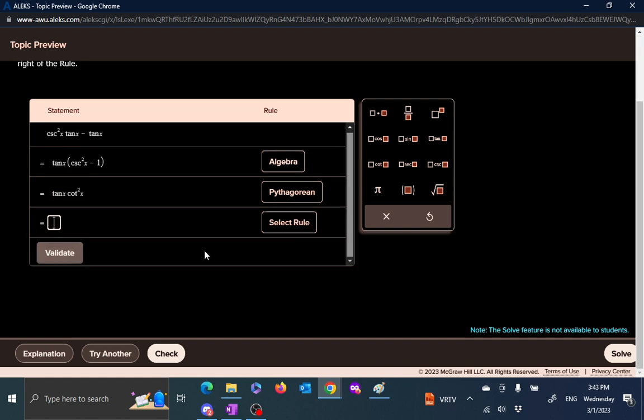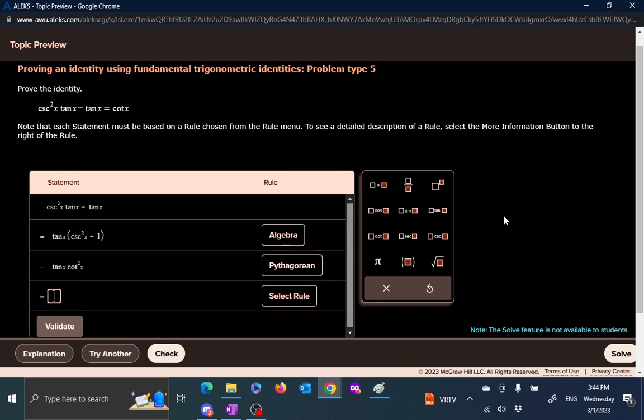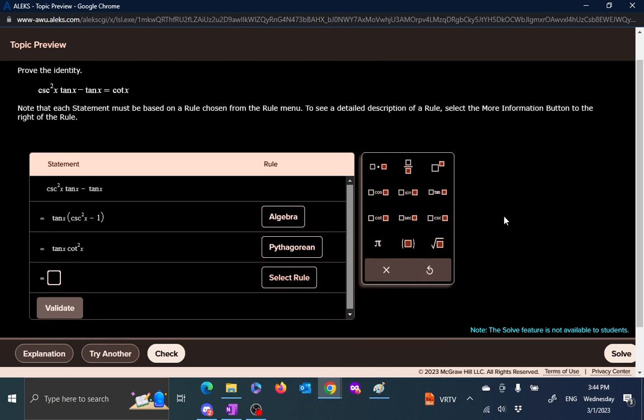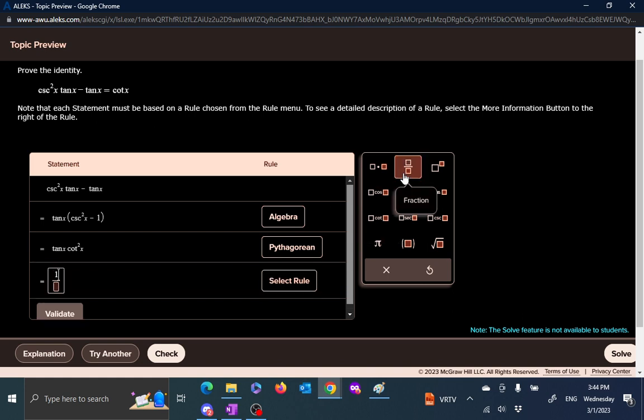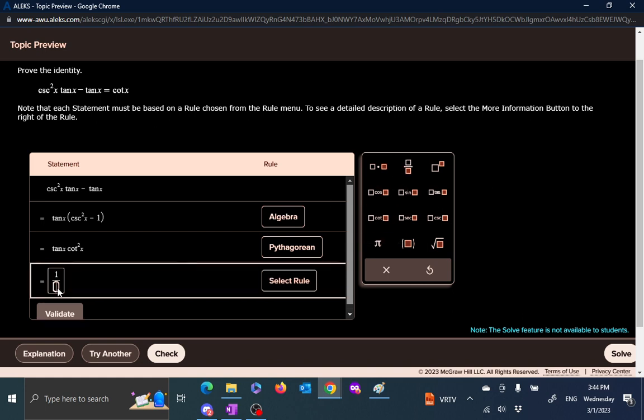Now, where do we want to go? The right hand side that we want to arrive at is just cotangent of x. Now, remember, tangent of x is the reciprocal of cotangent, so I can write the first term as 1 over cotangent of x times cotangent square of x.